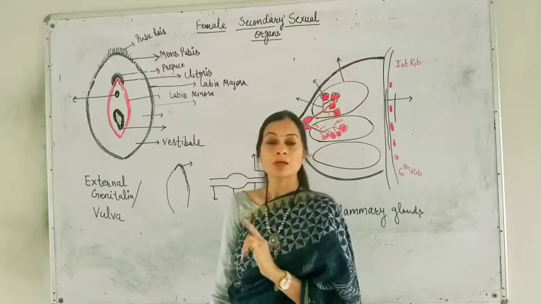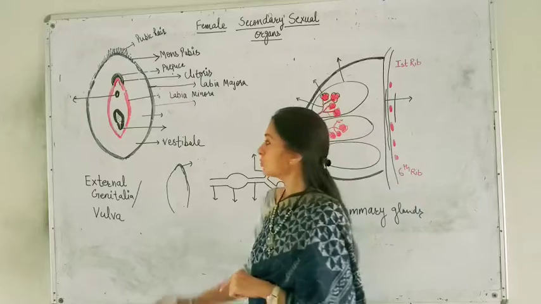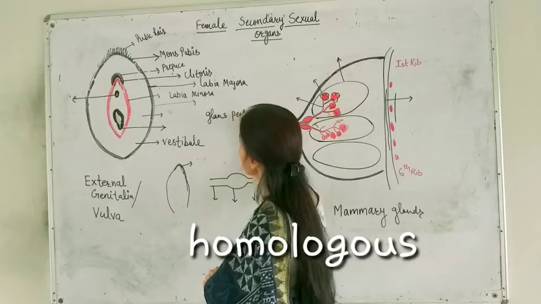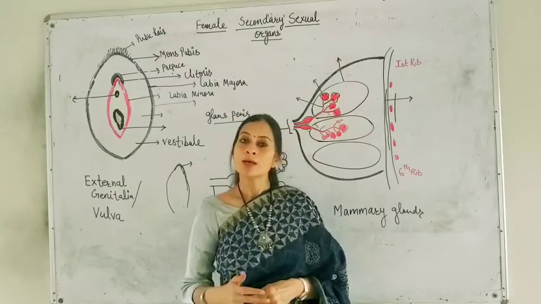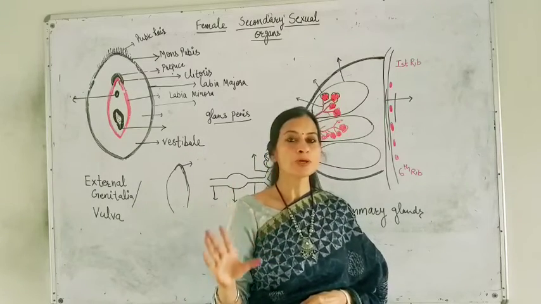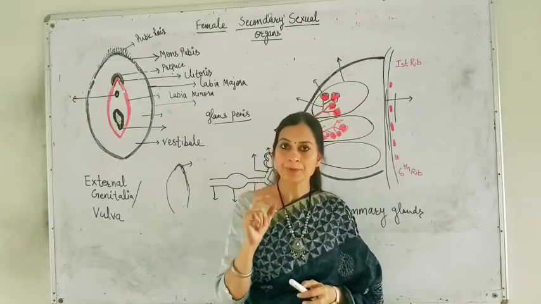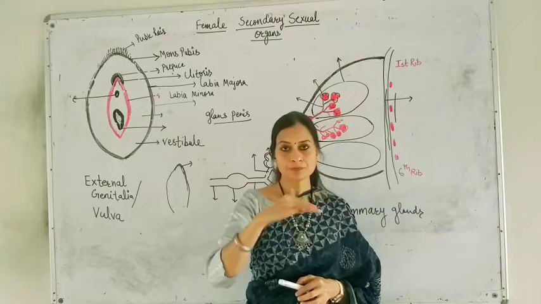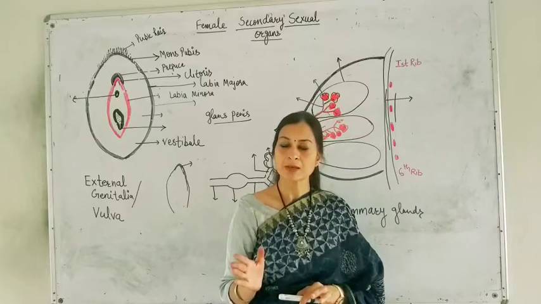You have to remember that this clitoris is actually homologous to the glans penis of the male reproductive system. Just recall that in the male reproductive system we studied the inseminating organ, the penis, and I told you that the penis has a sensitive tip. That sensitive tip is known as the glans penis, which was covered by a fold of skin, the foreskin.